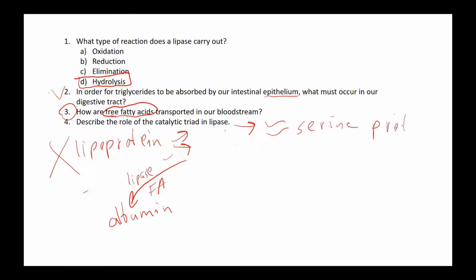In serine proteases, we have this thing called a catalytic triad, where we have an aspartate residue, a histidine, and then we have a serine.